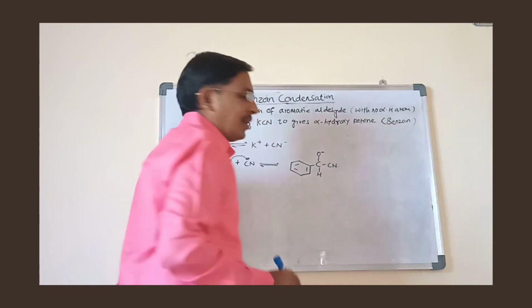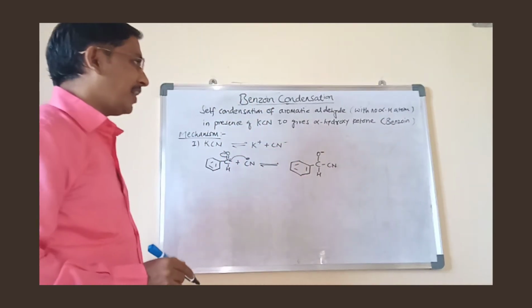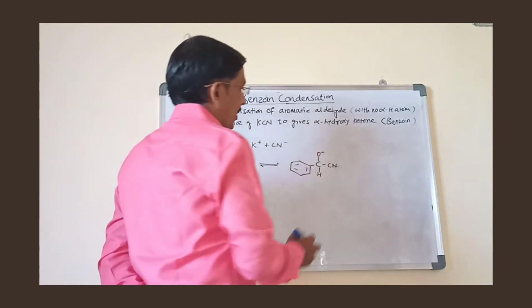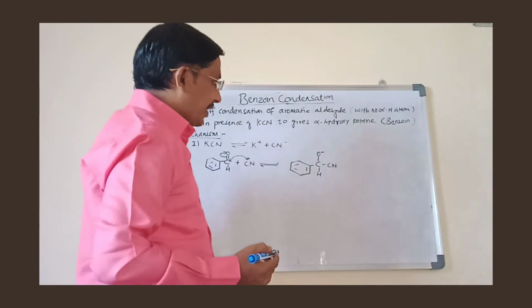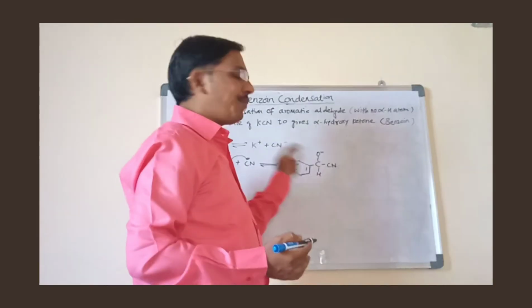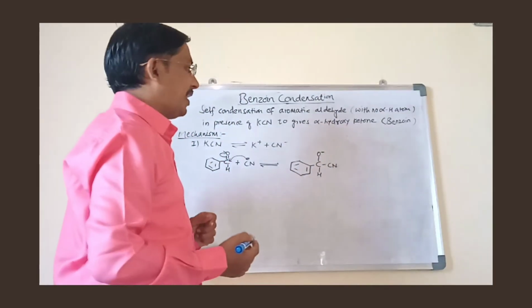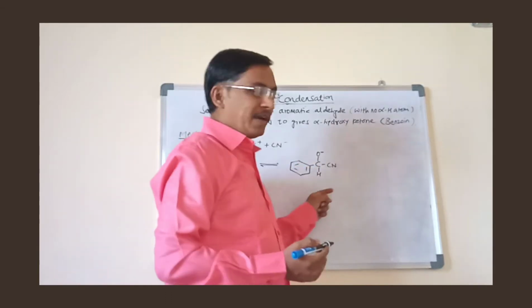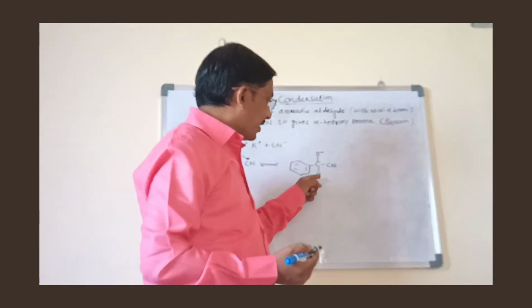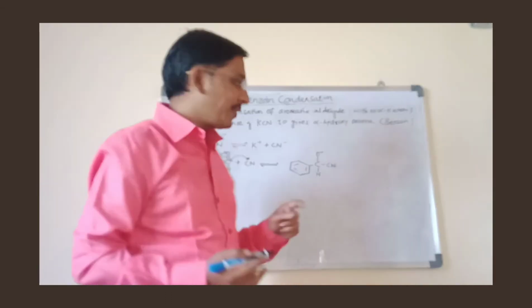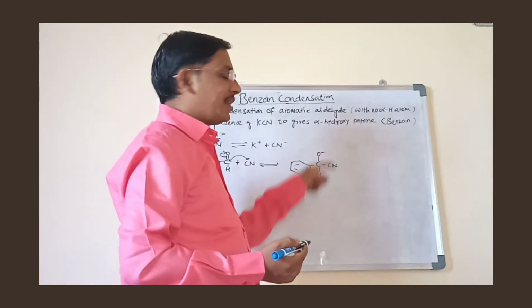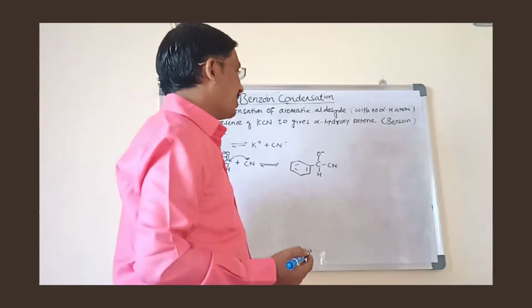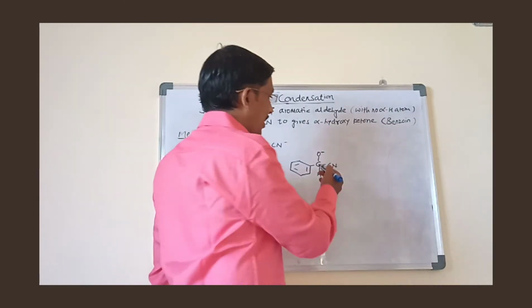Now here it is very interesting. Here the CN group withdraws the electron from carbon, indirectly that carbon withdraws the electron from hydrogen, and that proton will be attracted by the O minus, and the negative charge will be generated on the carbon.